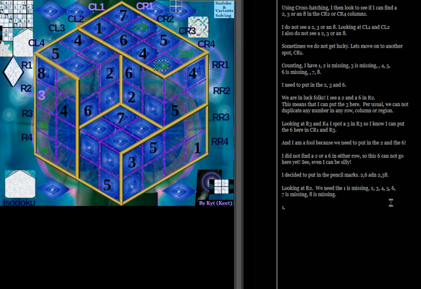So 1, 7, and 8 needs to be put in, and column left 1 has both the 1 and the 7. I can put the 8 here.